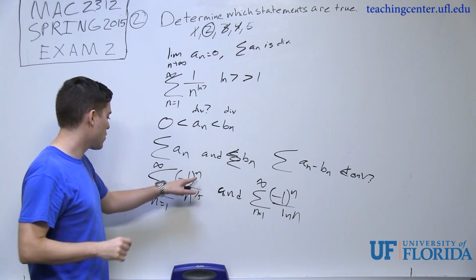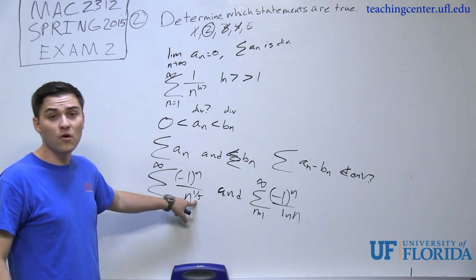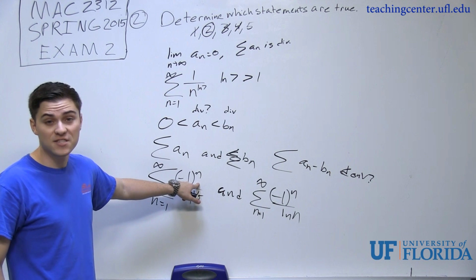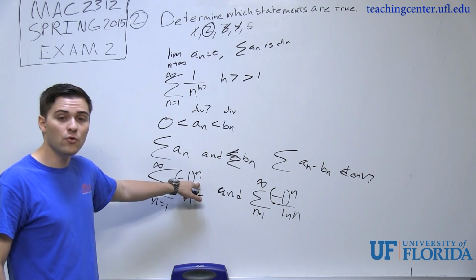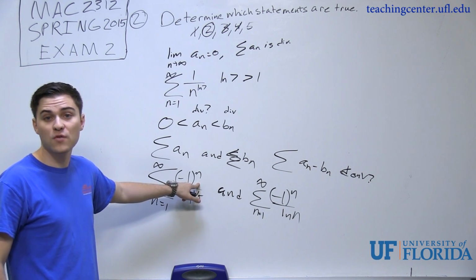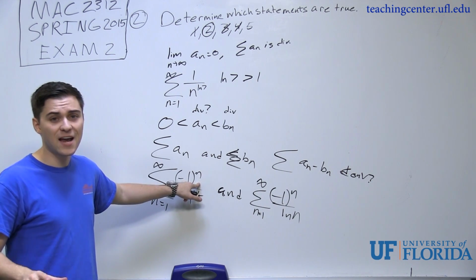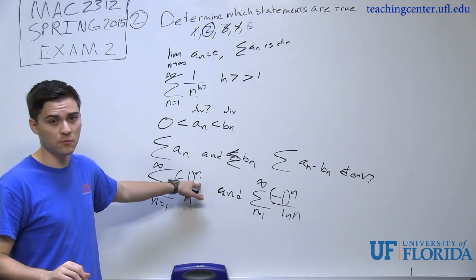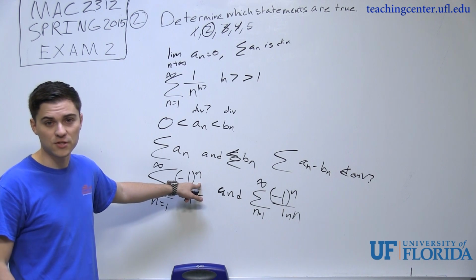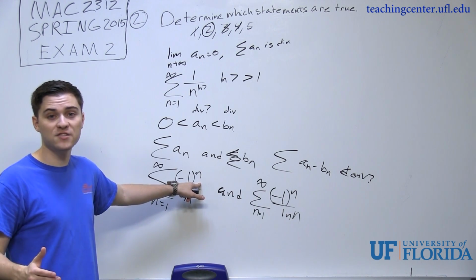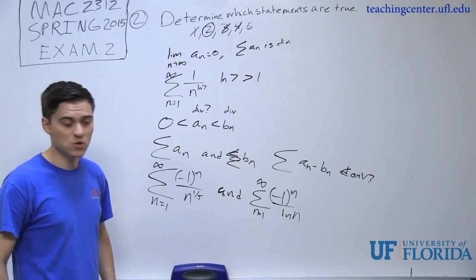Well, let's see. In this case, I do have n to the 1 over 5, but I have an alternating series on top. So all I have to do is prove whether or not this holds with the alternating series test. Again, the question doesn't say anything about conditional or absolute convergence. I'm just looking for convergence. So if it converges by alternating series test, it converges for this question.